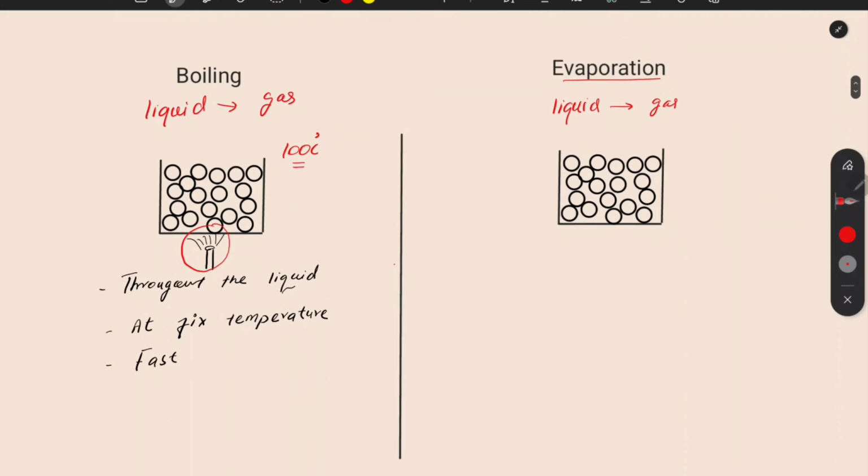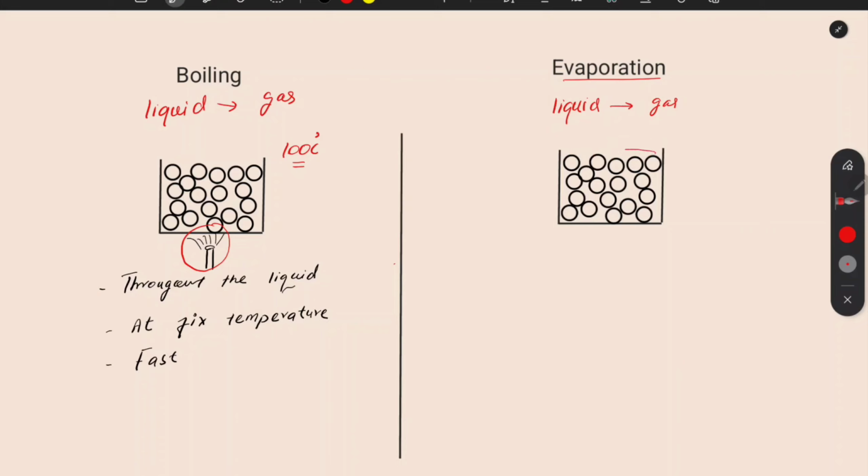And how will that occur? Let's suppose these particles which are directly facing the atmosphere will absorb energy from the surroundings, and by absorbing energy, these particles will easily detach from the particles which are present under them. So these will easily convert into gaseous state.